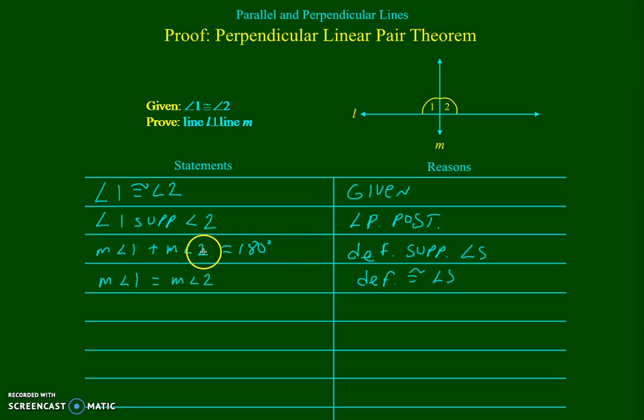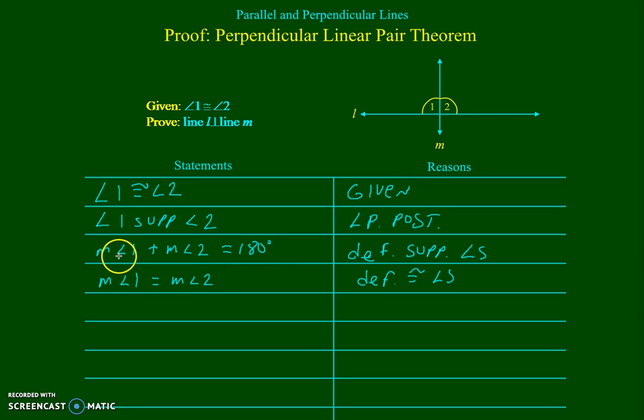And that gives me 2 times the measure of angle 2 equals 180. And if I divided by 2 on both sides, I would end up with angle 2 equals 90 degrees. And that gets us exactly where we need to be: to the point where we've said that one of these two angles is equal to 90 degrees.